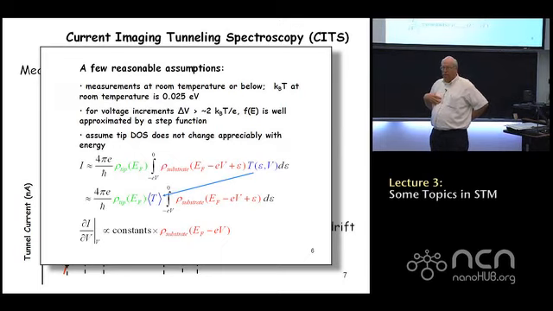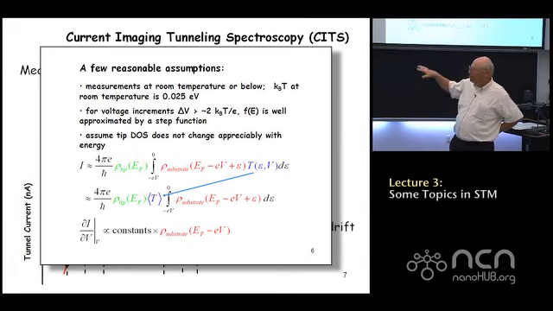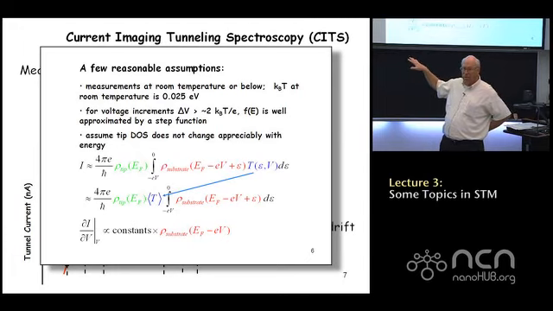There are techniques published in the literature that try to minimize the influence of the variation of the transmission probability with voltage, by dividing out that variation in T to a first approximation.